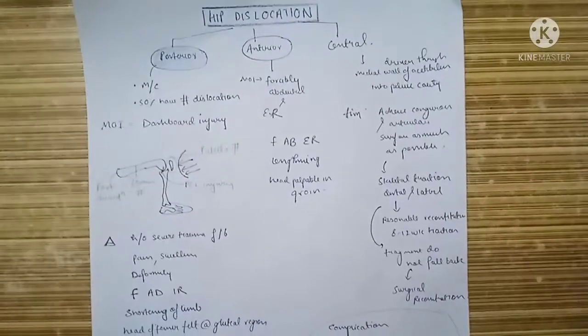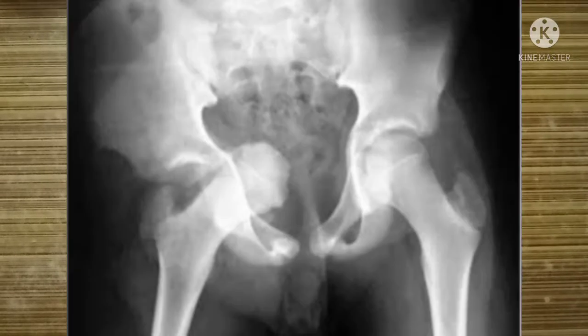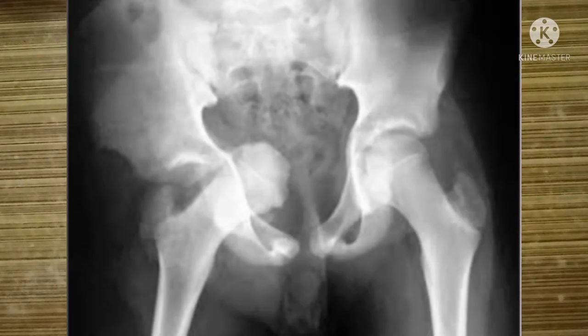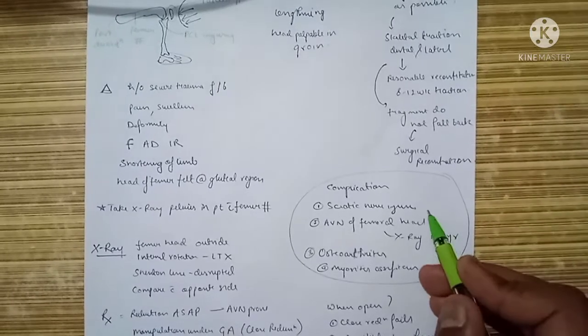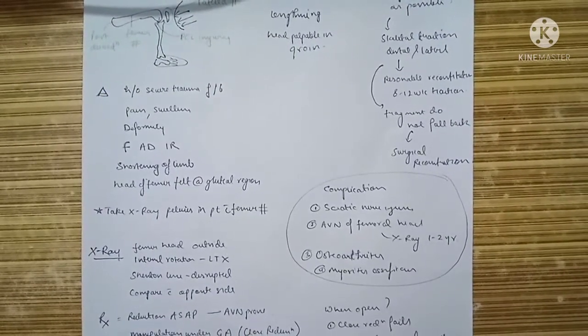So this was somewhat about the hip dislocation. And this is an X-ray for central dislocation again. Now let's talk about the complications in that case. We can have sciatic nerve injury, as the nerve is located just behind the hip joint.